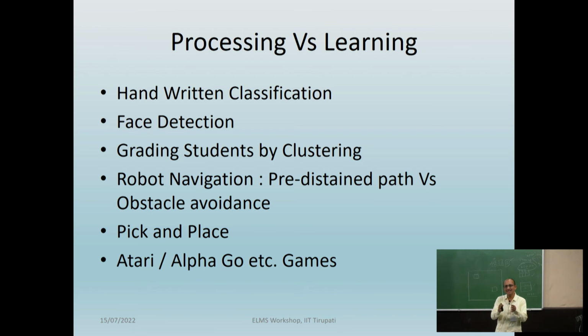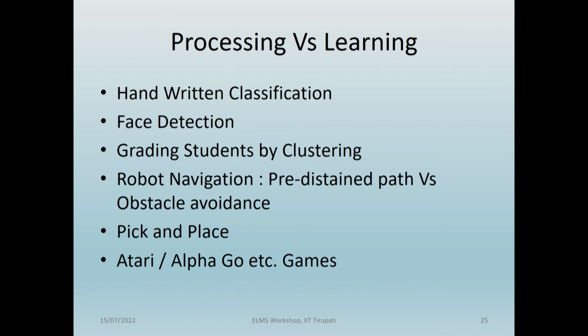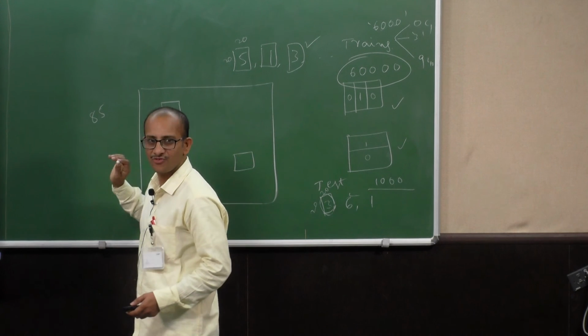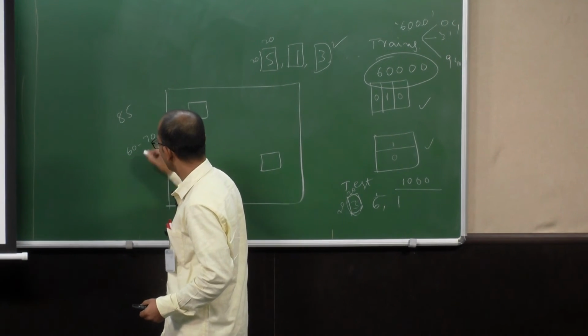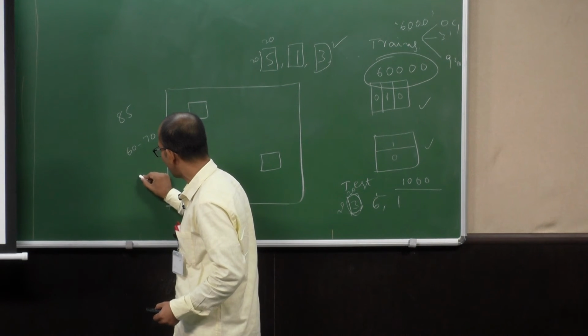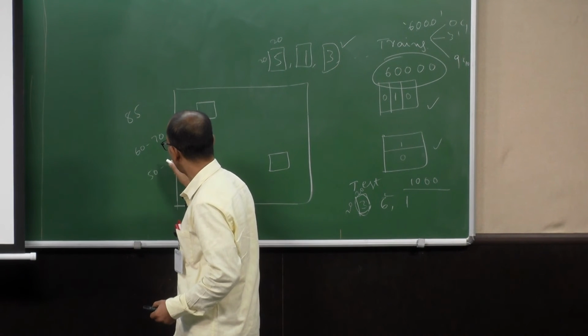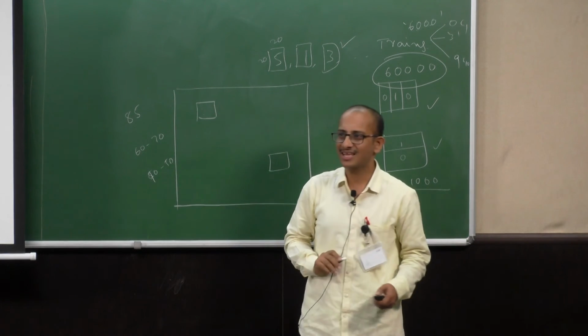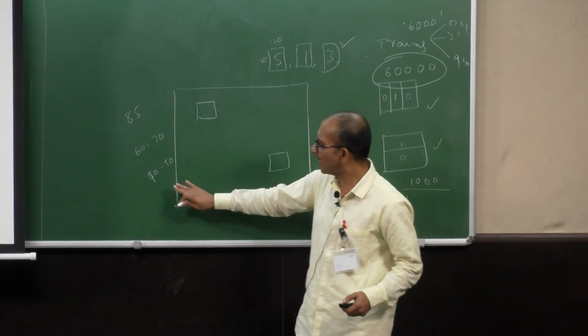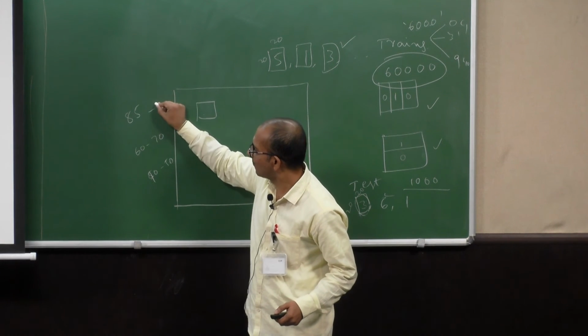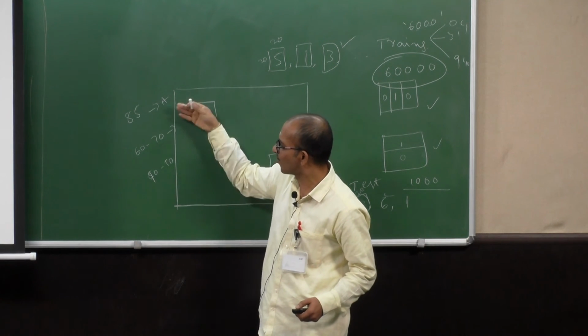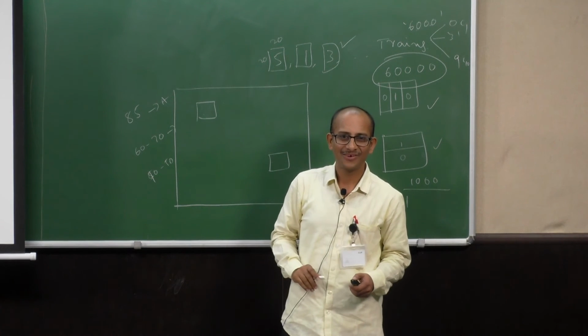Many of the students in the class may have got 85 and above, some other students only in the range 60 to 70, a few others in 50 to 60, and probably 40 to 50. These are the major groups in the class. So should I put A for all of these students, and then probably B and then D? What do you suggest?